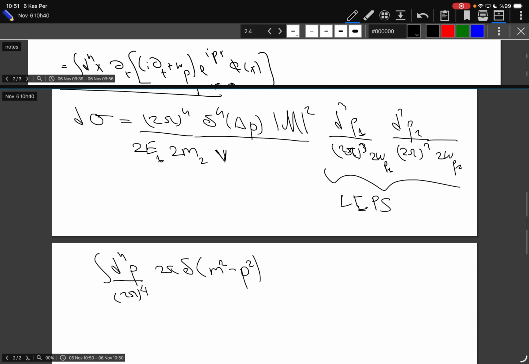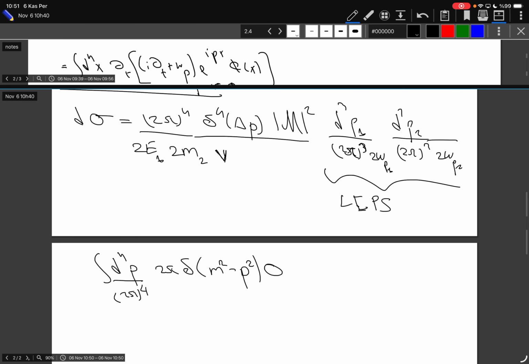So that's also another way to see that d4p is actually invariant. But I repeat, this is in flat space. The metric has a determinant of 1. If it was not flat space, I would need to also add the metric. So this is Lorentz invariant.